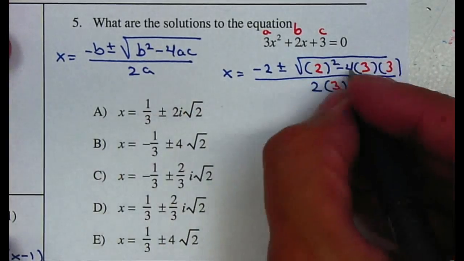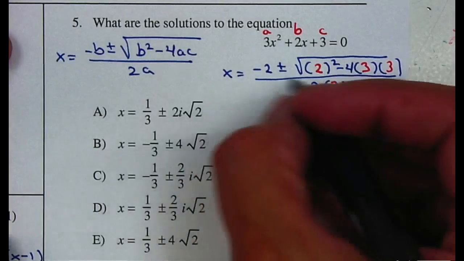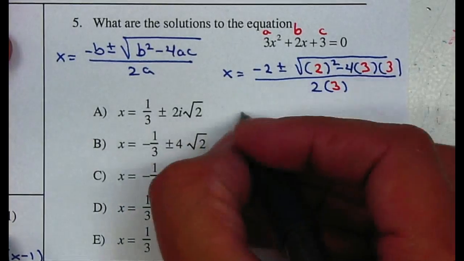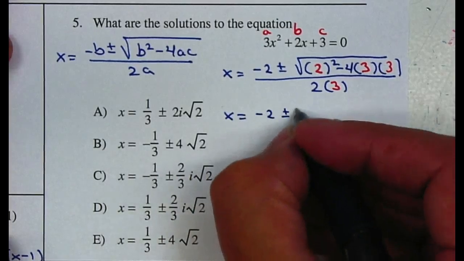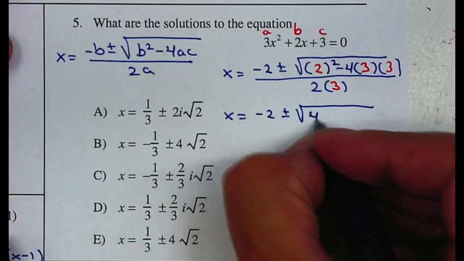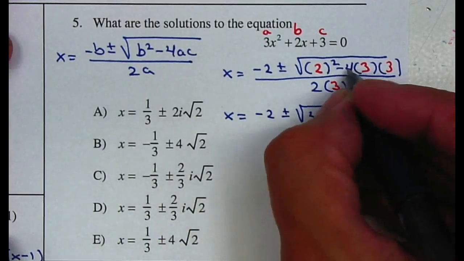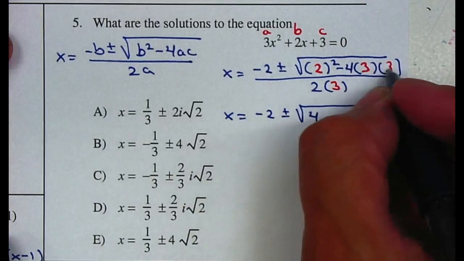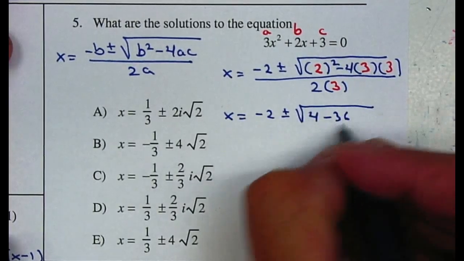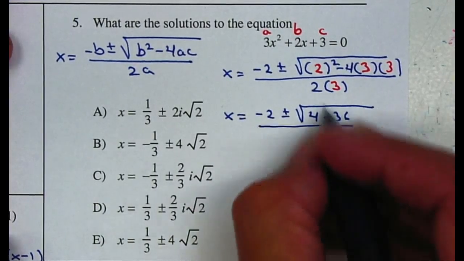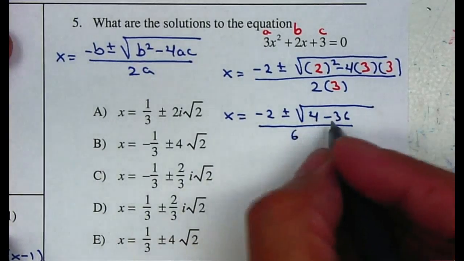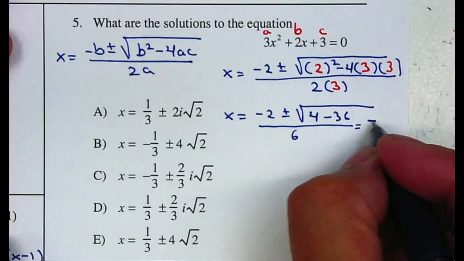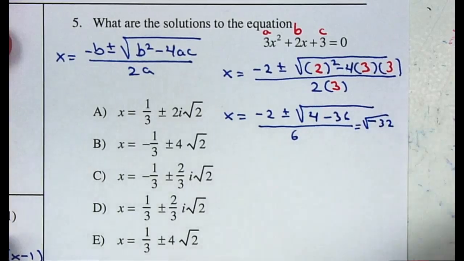I'm going to simplify what's inside, and that will give me x equal to negative 2 plus or minus. That gives me 4. Negative 4 times 3 is negative 12, times 3 is negative 36. All over 6. Now, this will give me the square root of negative 32.